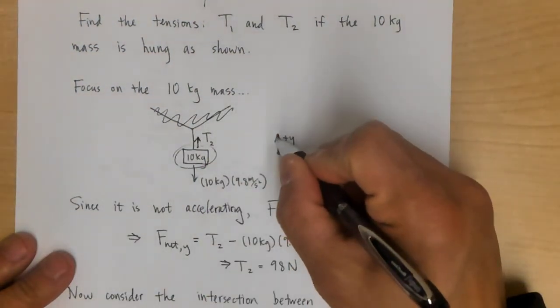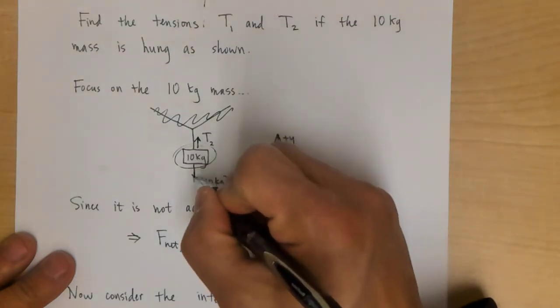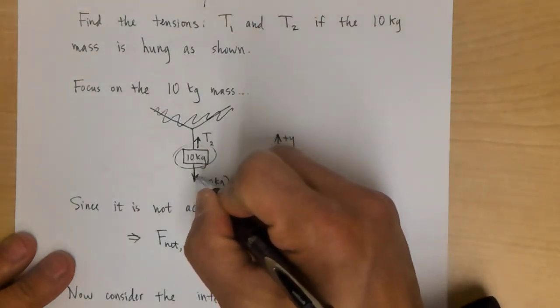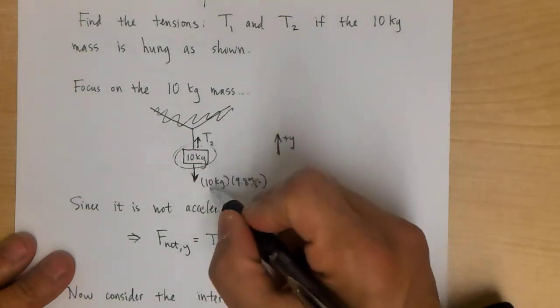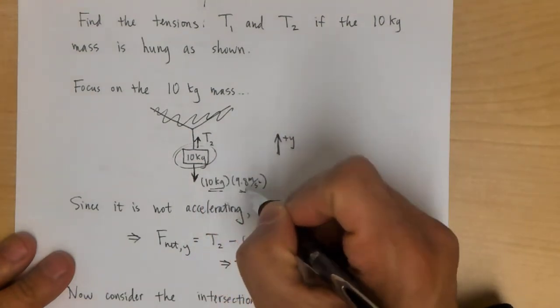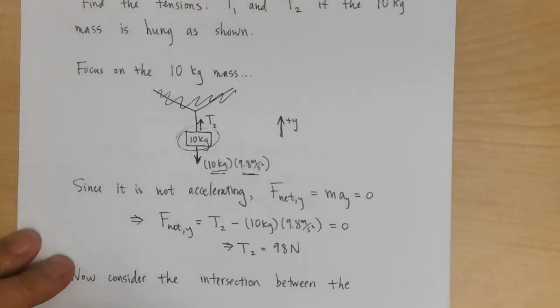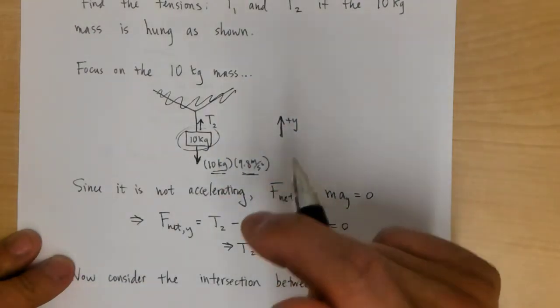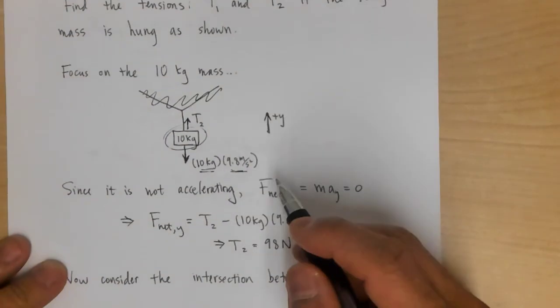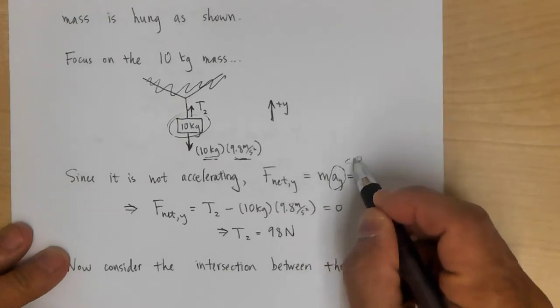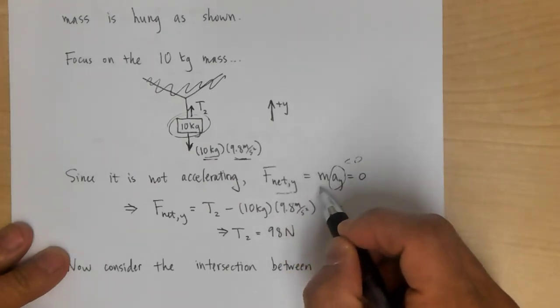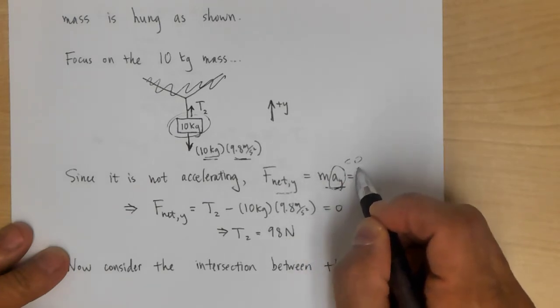We have T2 pulling up. We take the positive y direction being up. We have the weight of the mass pulling it down, so we have 10 kilograms times g, 9.8 meters per second squared. Since it's not accelerating, it's just staying there, the acceleration is 0, so F net in the y direction is m times a_y, which is 0.